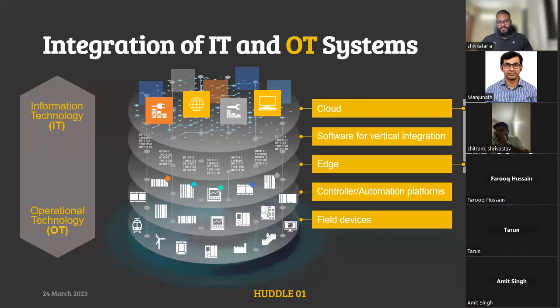Because of this, assets with legacy built-in are getting connected to systems designed for today's requirements. So let's say there is a Windows 10 system on a network, and we are converging an OT system which is running maybe Windows XP. There may be some segregation through a firewall, but a firewall is not a security device. It just filters the network traffic.